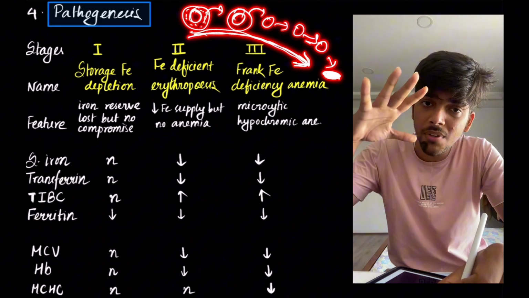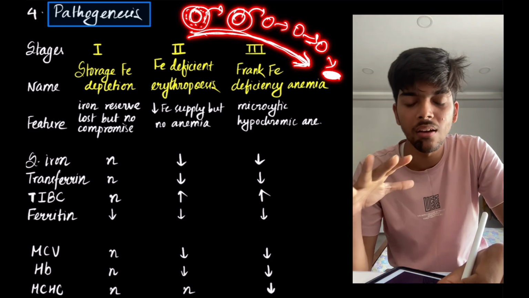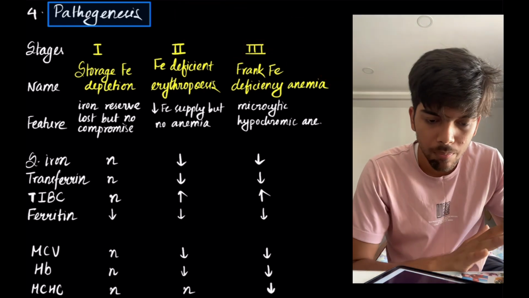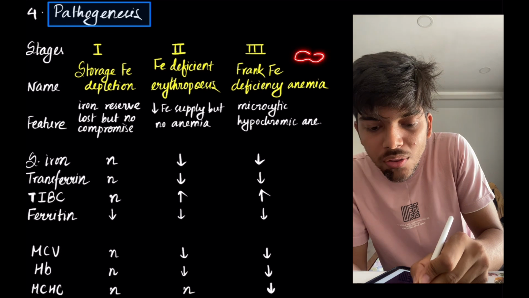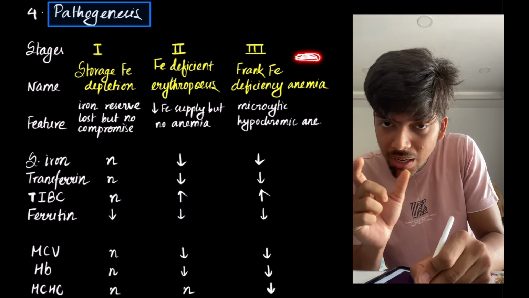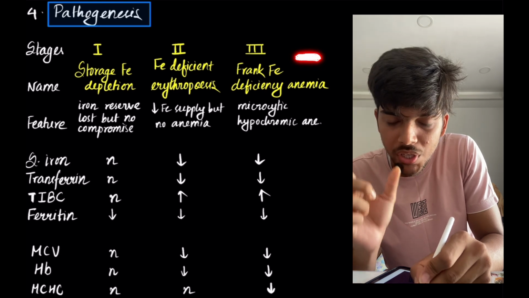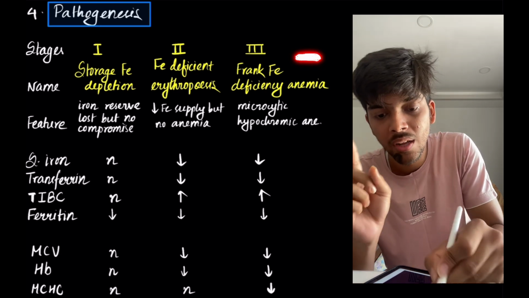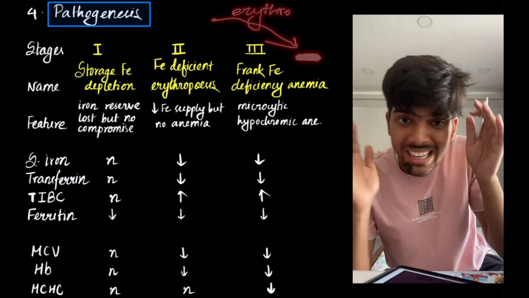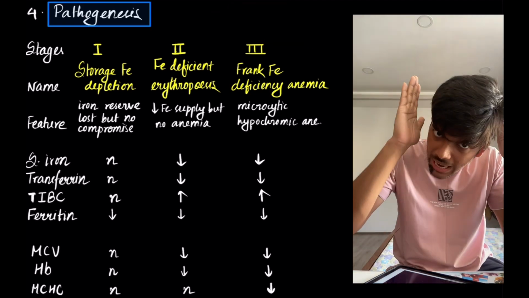Now that there is a deficit in iron, the cytoplasm becomes deficient in hemoglobin as well. But the erythrocyte, the anemic or iron deficient erythrocyte, is not yet formed. The effect is seen in erythropoiesis, not in RBC yet.